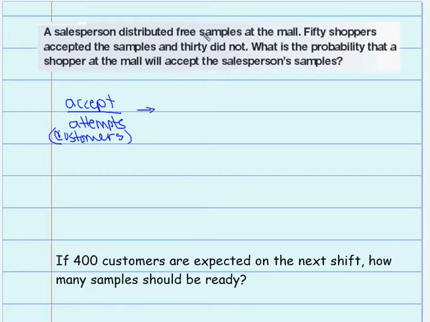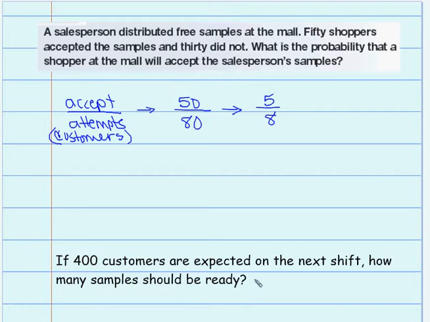So 50 shoppers accepted out of how many? Well, 50 did and 30 did not, so this would be out of 80. You can just leave this as 5 out of 8. That's a probability. It's a fraction. That's perfectly acceptable.